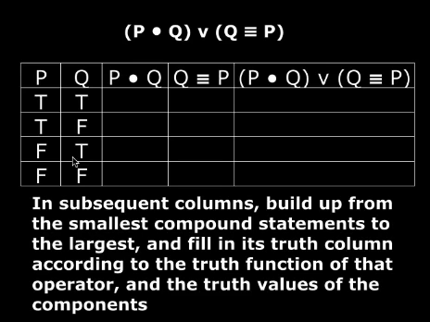I'll say a little more in section 2.4 about the flexibility you have in the order you do the columns in. But basically you just put them in order from smallest to largest, generally speaking.